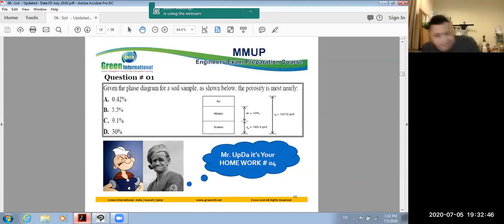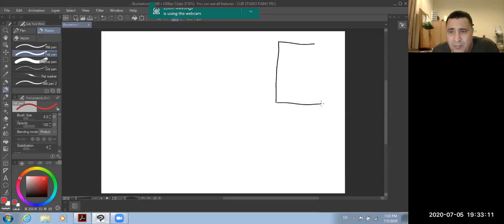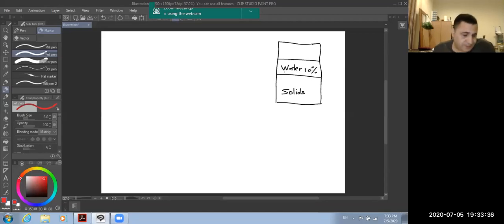Given a sample, you have air, water, and solid. The water content is 10%.